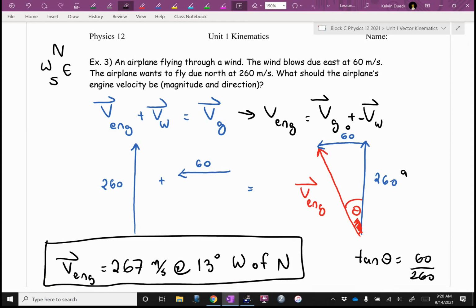Is that right? So there's a nice application of what we've learned so far. Vectors, how to add them and how to subtract them, and how crosswinds or rivers work.